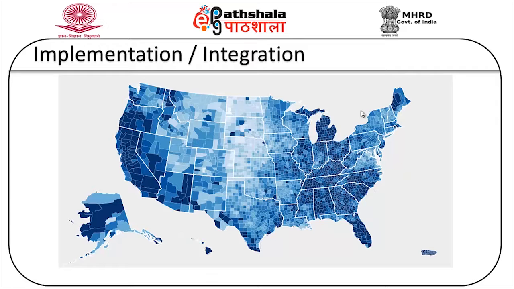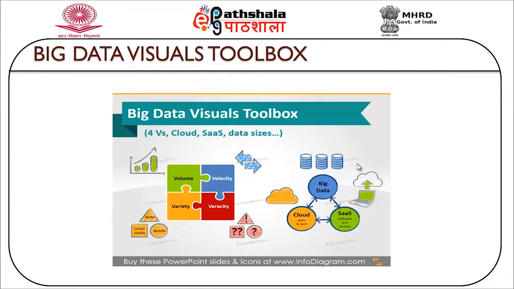This is another one, a geographical information system, wherein state-wise it represents certain data sets using color coding patterns. If you look at the big data visual toolbox, we can see that volume, velocity, variety and veracity are available.